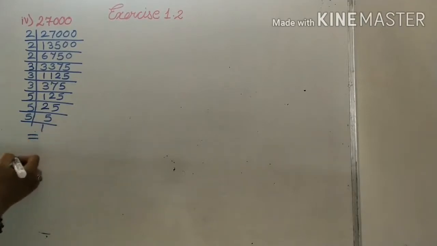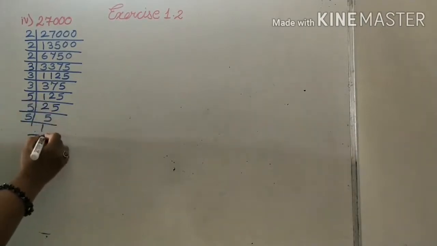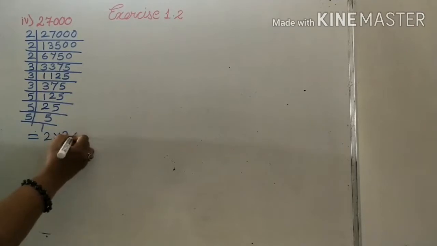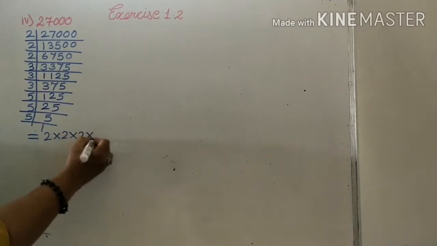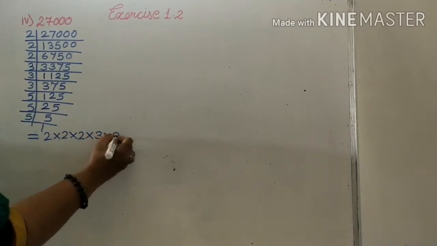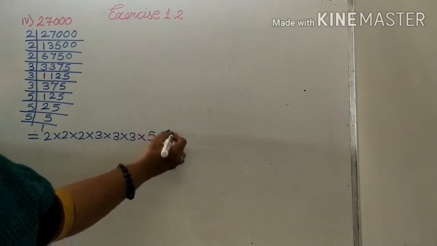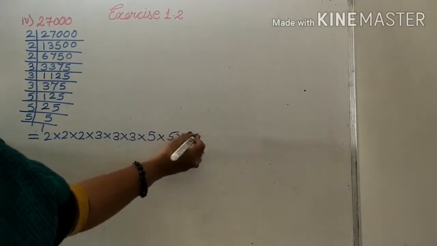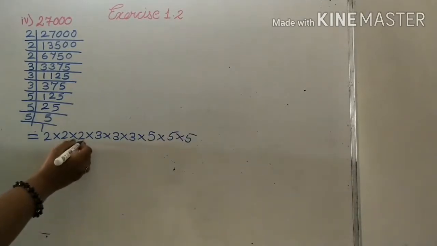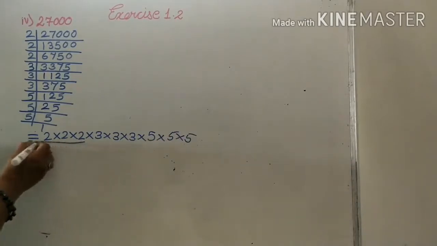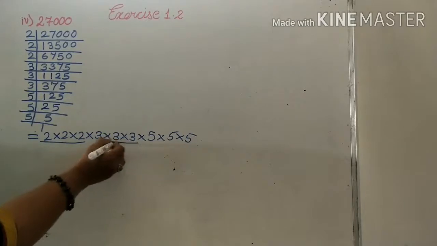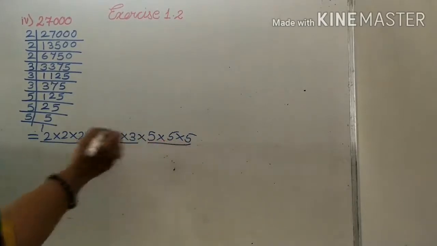So the factors of 27,000 are 2 into 2 into 2, 3 into 3 into 3, 5 into 5 into 5. So this is a group of 3 equal numbers. One group, second group and third group.